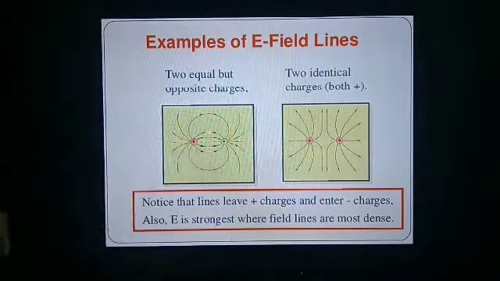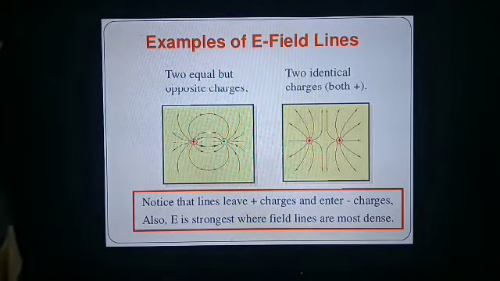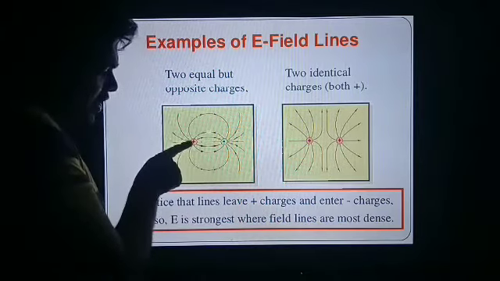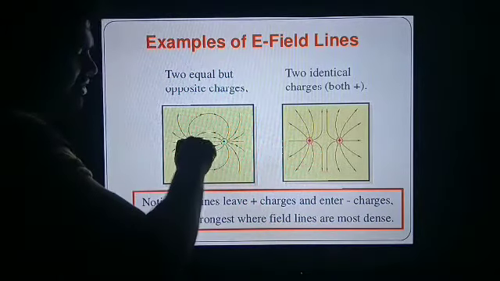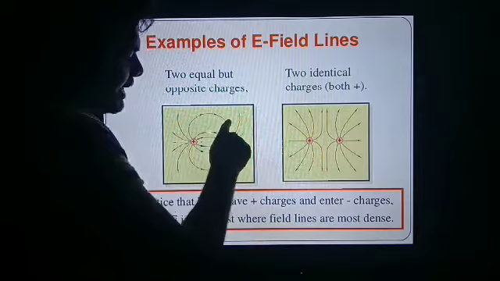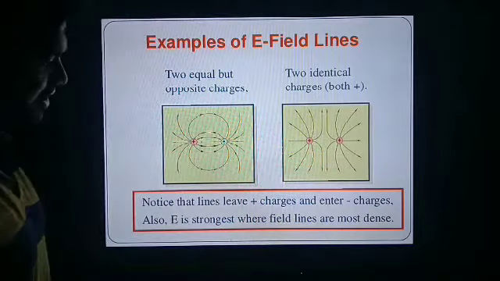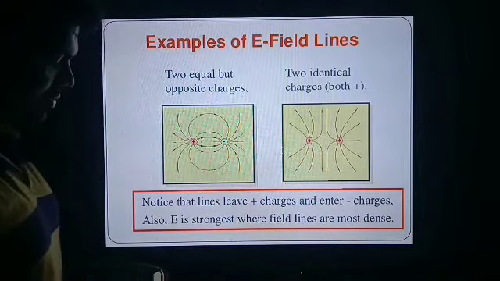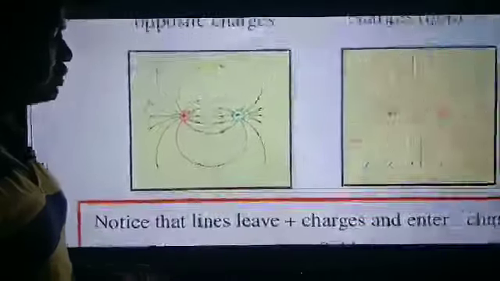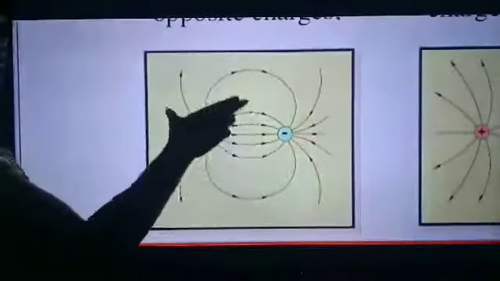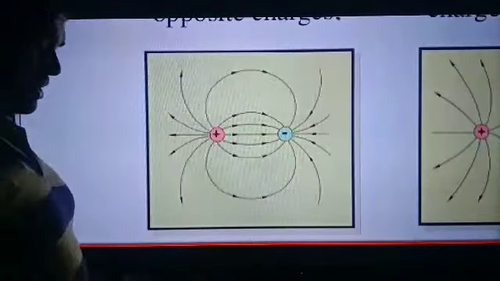So, first see the dipole, the electric field due to an electric dipole. This is the diagram. Electric field lines emerge out from the positive charge and terminate at negative charge. This is the diagram of electric field lines due to a dipole. Draw this. It is very important.